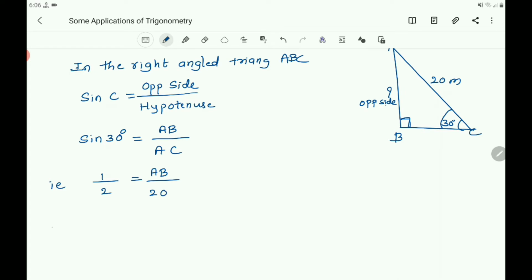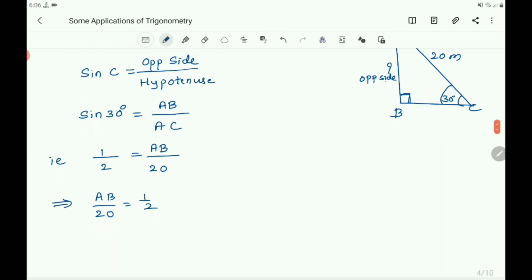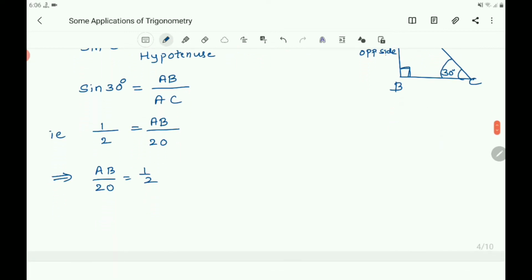Now you write, that implies AB by 20 equals 1 by 2. Here we have to find the value of AB. Therefore AB equals 20 by 2, that equals 10 meter.